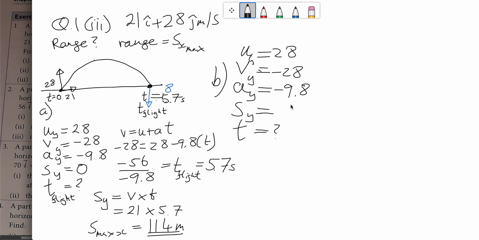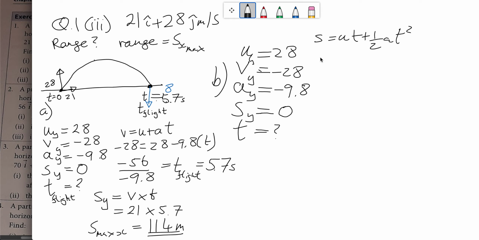Now you could use a different equation for that one. You could actually find t by saying s equals ut plus a half a t squared, and then put the numbers in, and we can find t this way. This way we wouldn't have to worry about the v, the final velocity.